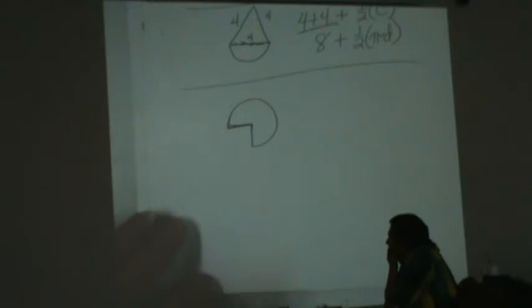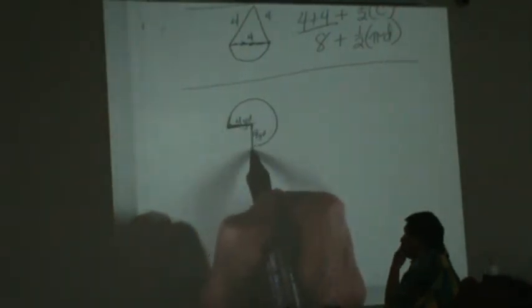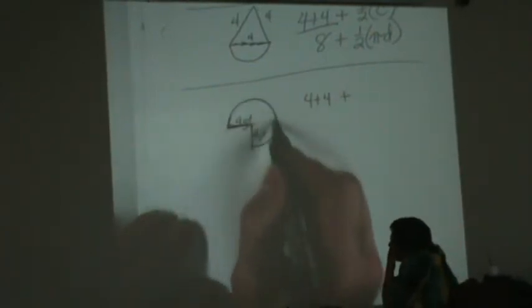Okay, you have another one here. Still doing perimeter. Okay. This says that each one of these are 4 yards. So you see part of it is 4 plus 4, right? How much of a circle is that?